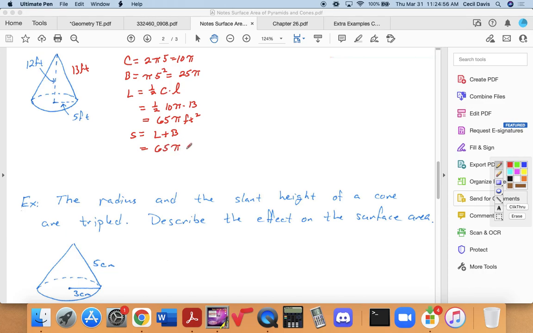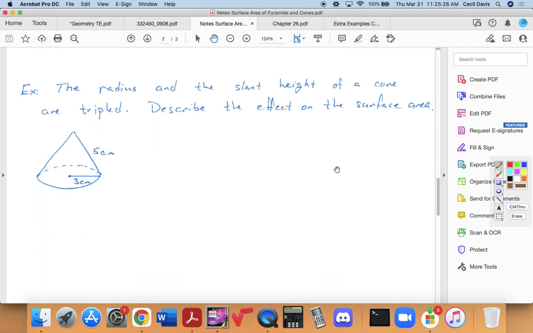So that's 65 pi plus 25 pi is 90 pi square feet. Okay, any questions about that? All right.